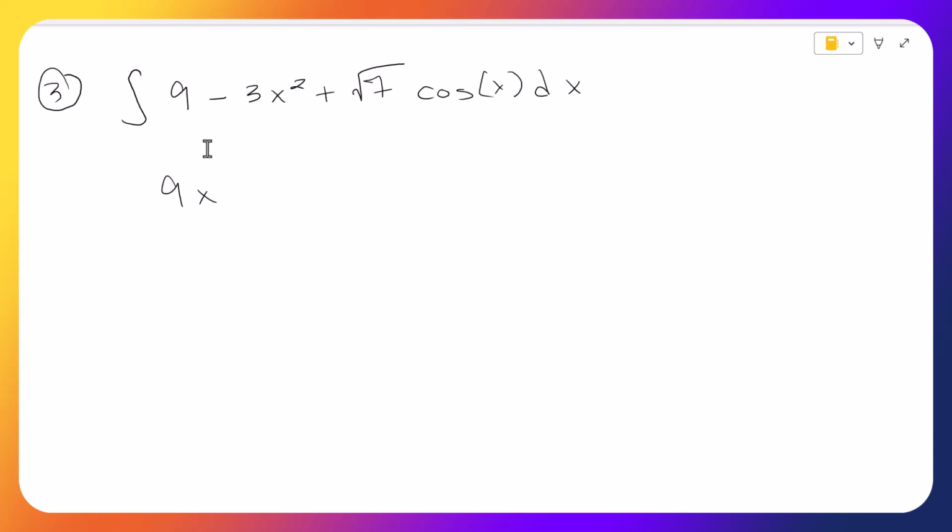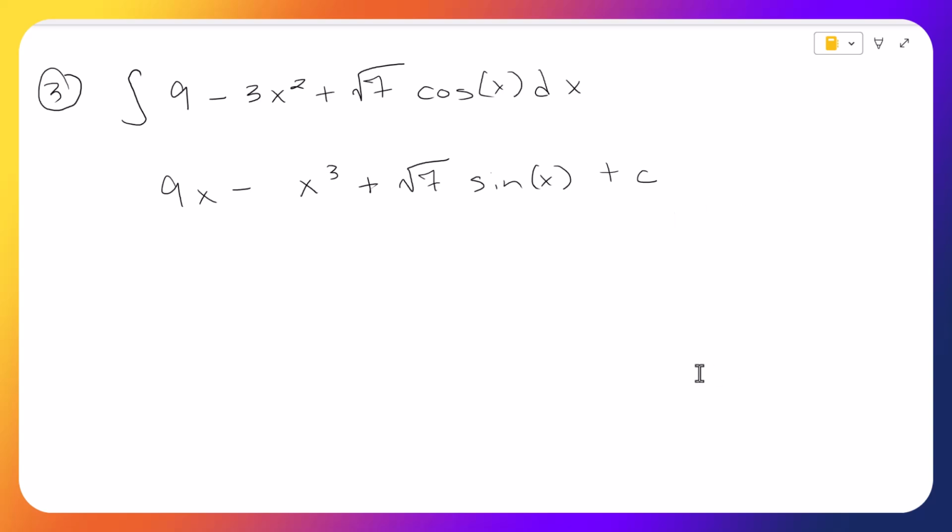So dividing by 3, 3 divided by 3 is just 1, so we're left with negative x cubed. This is just a constant, so plus the square root of 7 times cosine x. What is the antiderivative of cosine? We already did that one. That's just sine of x plus c.